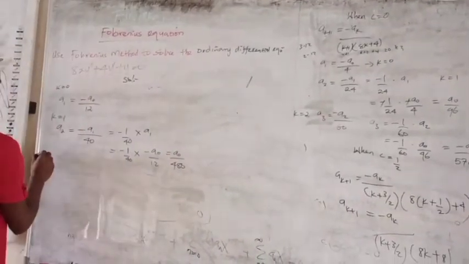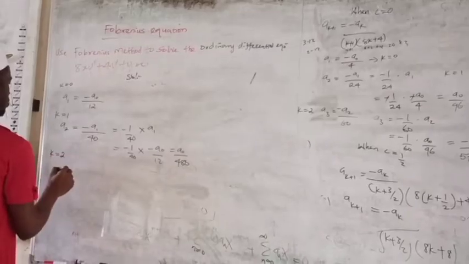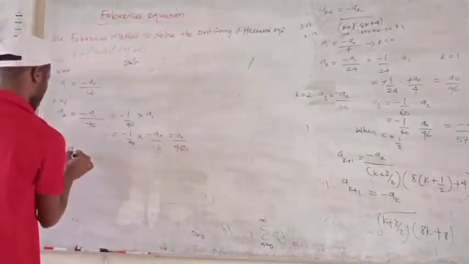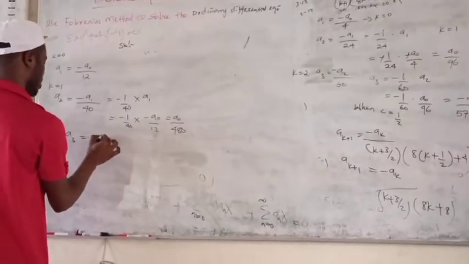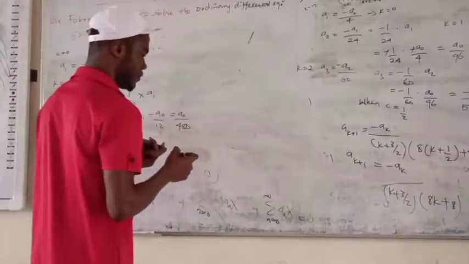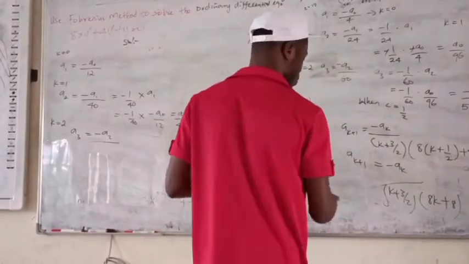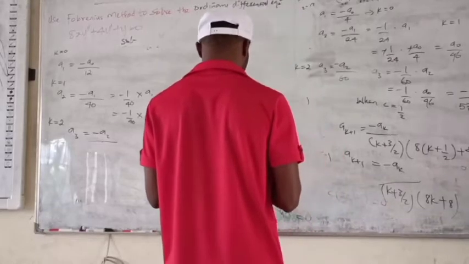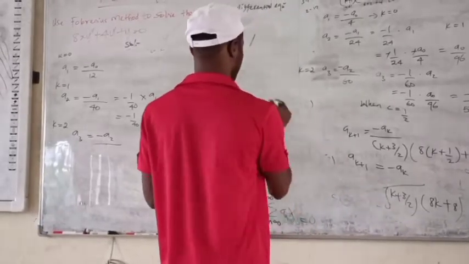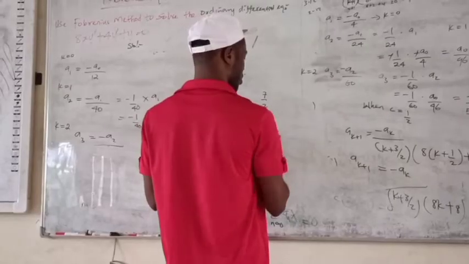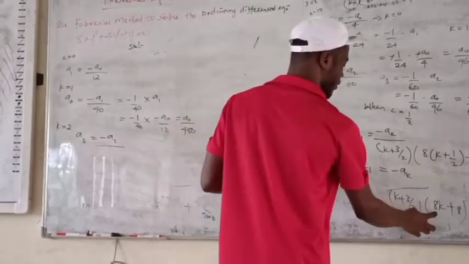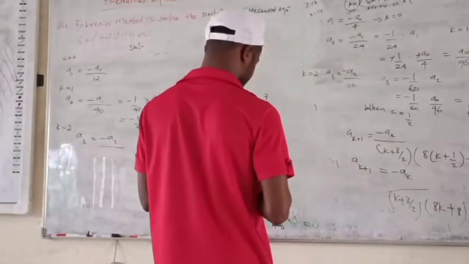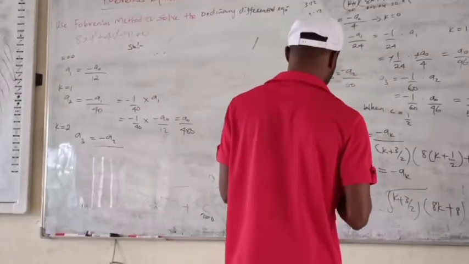So when k is equal to 2, I have a subscript 2 plus 1, which is 3. a3 equals minus a2 divided by, let's go back. When k is equal to 2, I have 2 plus 3/2, which is 7/2. And I have 8 times 2, which is 16, so 16 plus 8, which is 24.